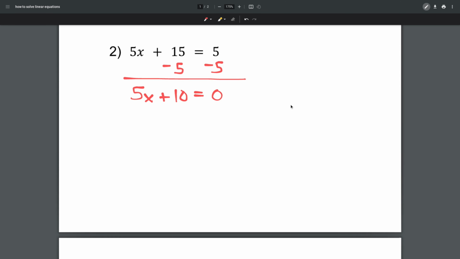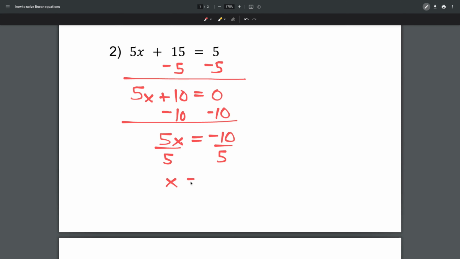So we're starting with one side equal to 0. And then we can subtract 10. And we get 5x equals negative 10. And then we can divide by 5 to undo the multiplication. And so we get x equals negative 2.